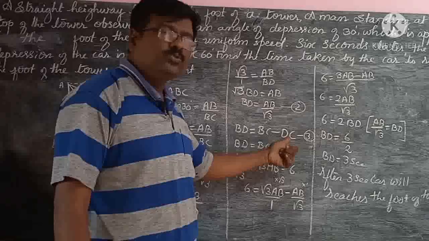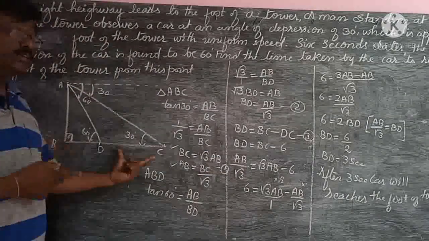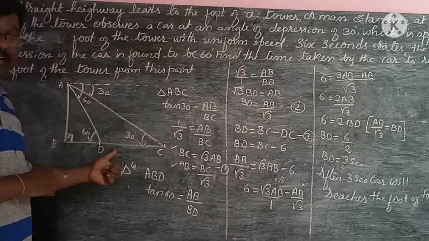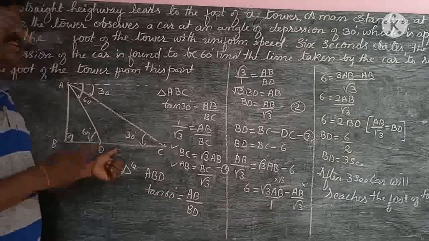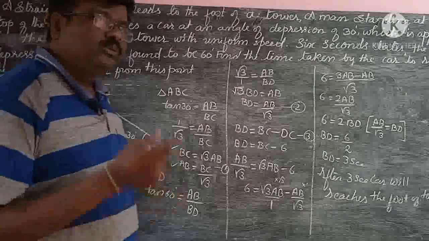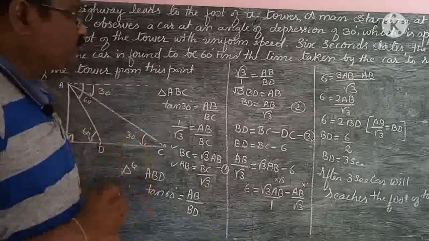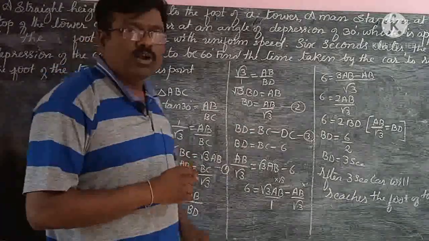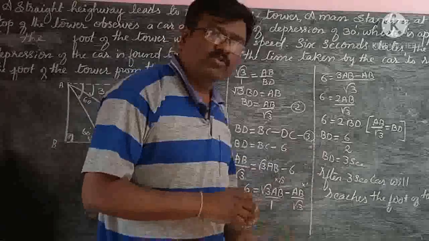DC is the time the car takes to go from C to D, which is 6 seconds. We can also solve this problem by substituting equations 1 and 2, and we obtain the same answer.